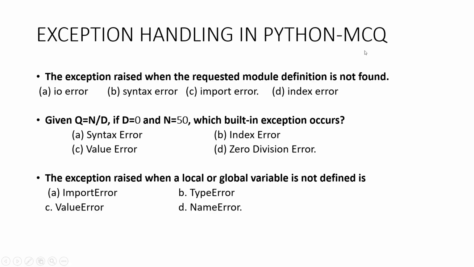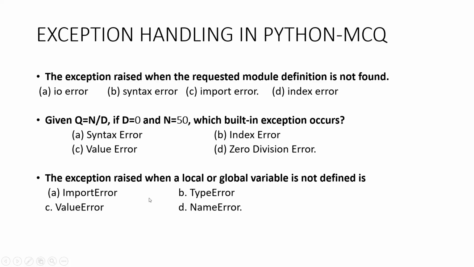You have to decide the proper answer by eliminating the wrong answers, not by judging the correct answer. What is the purpose of IO error? What is syntax error? What is import error? What is index error? If you know all four errors, only then can you eliminate the three wrong answers and conclude with the final correct answer.